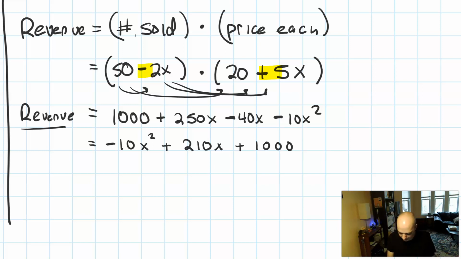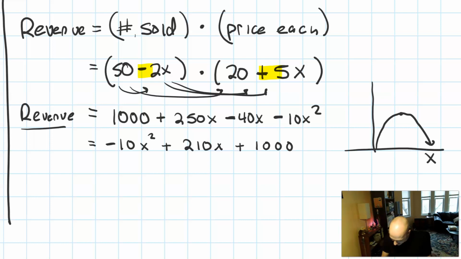And this tells me my revenue curve. So I notice again that it is opening downwards, which means eventually my revenue, if this is the x and this is the revenue, is going to fall back down. So where will it be at its maximum?